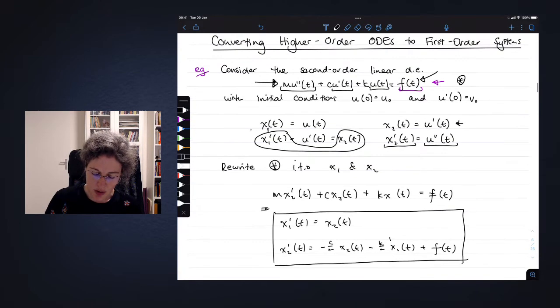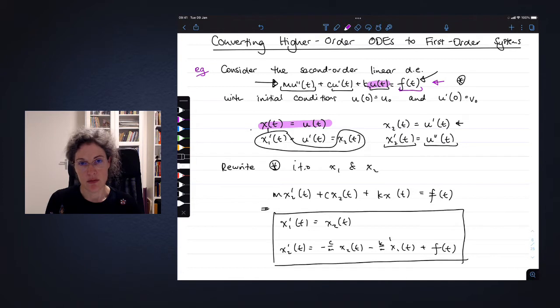So the key trick, what we did over here, was we had one variable, our x1, which was just the initial variable that we were looking at originally in the single ODE.